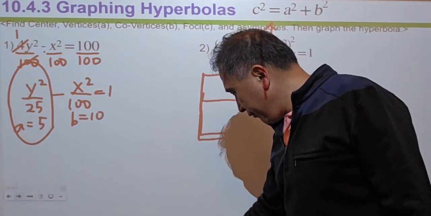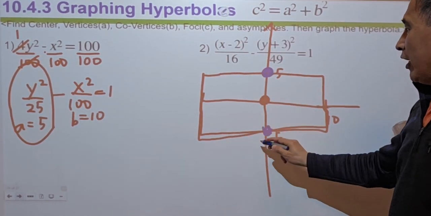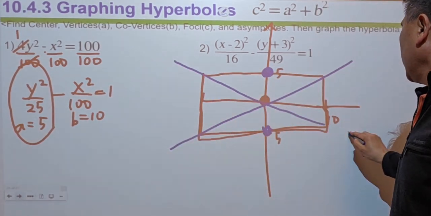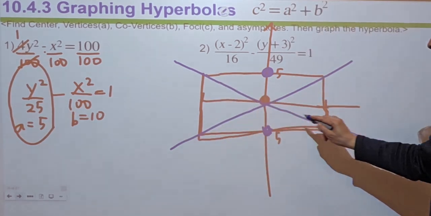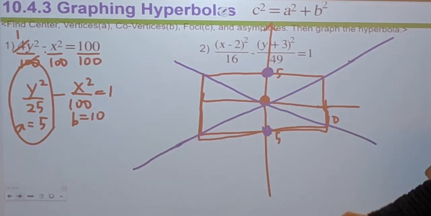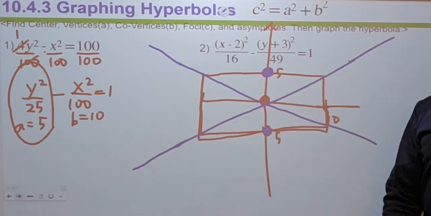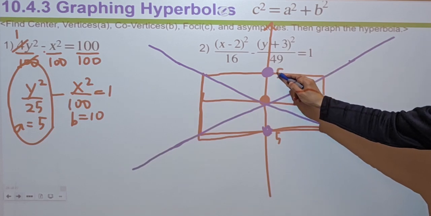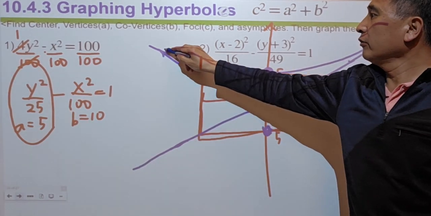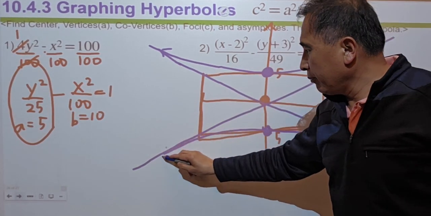To draw the graph better, write the vertices, then draw diagonals of this rectangle passing through the center. Then draw the graph from the vertices. These lines we call asymptotes. Approaching them, the graph never touches or crosses them, just keeps approaching. That's what asymptote means. So you can draw the graph like that.